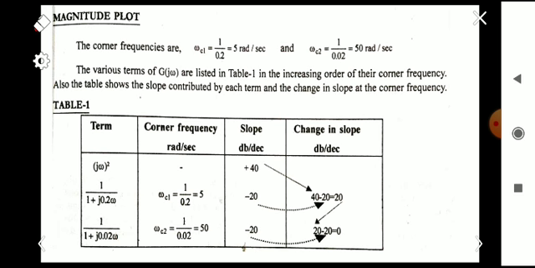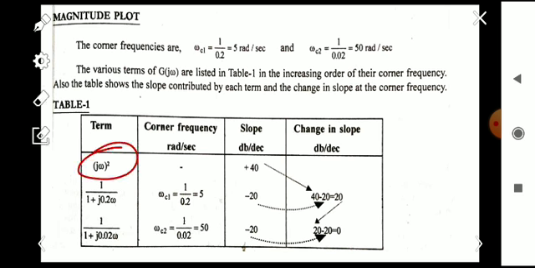Actually this change in slope means, if we are drawing our magnitude plot, the graph will start with the slope for this (j omega) squared. We know that the slope is plus 40, like this, plus 40.